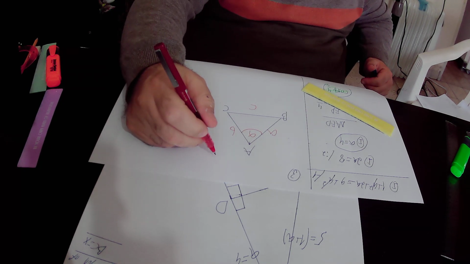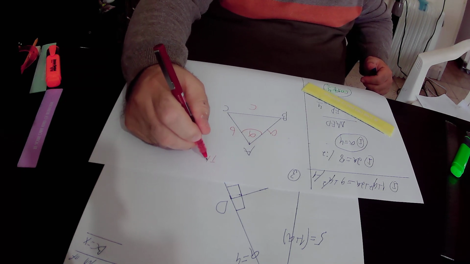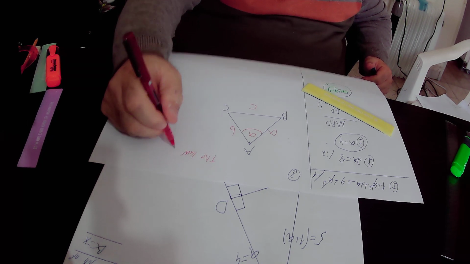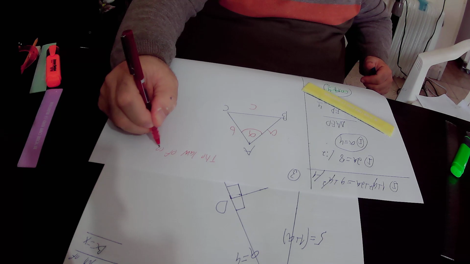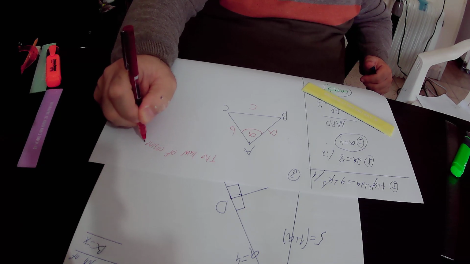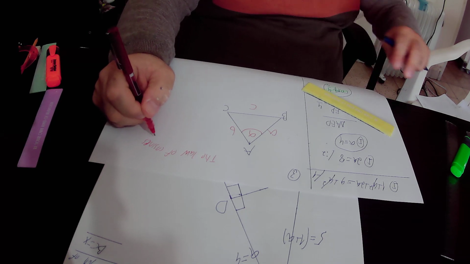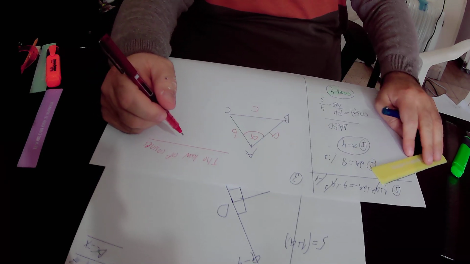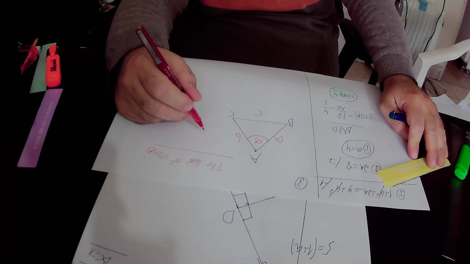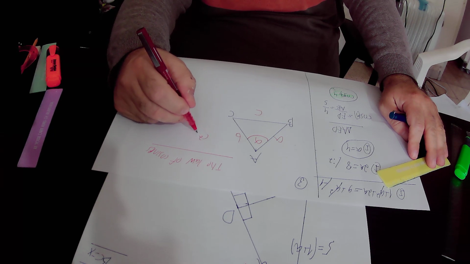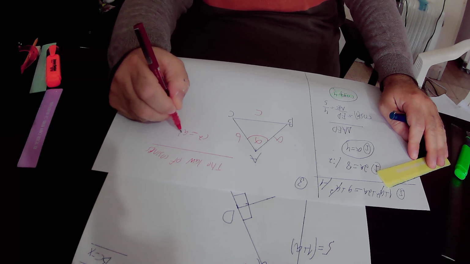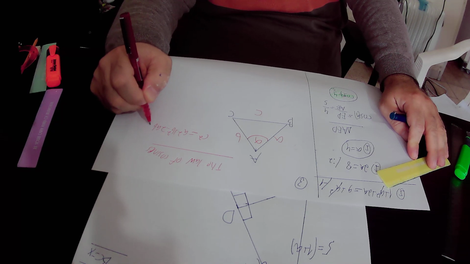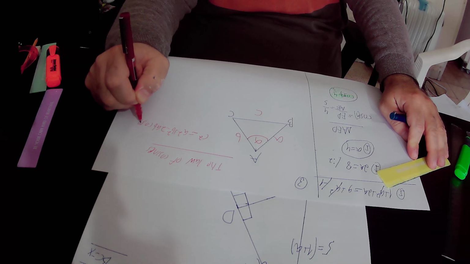So here, this is the law of cosines that is true in any triangle. Here C squared equals A squared plus B squared minus 2 times AB times cosine alpha.